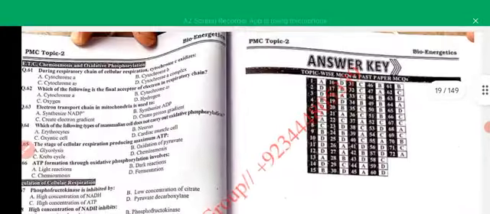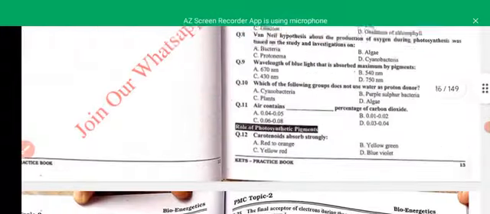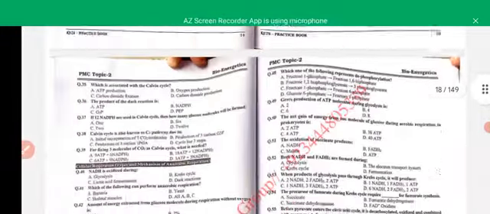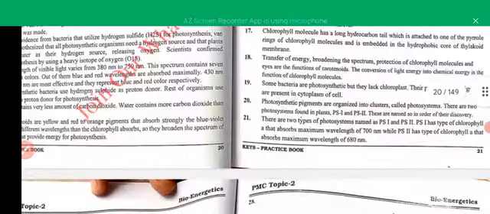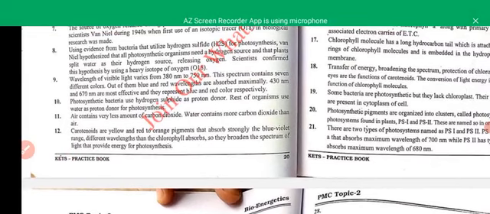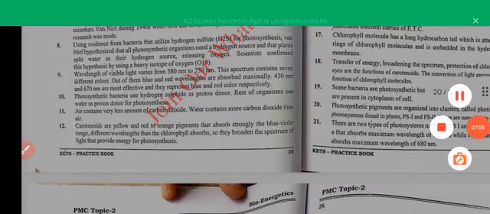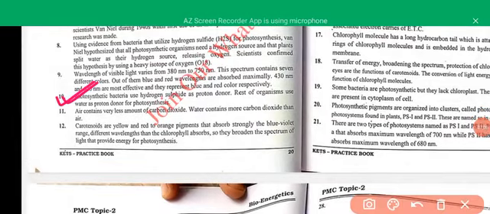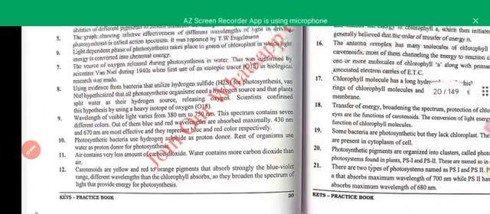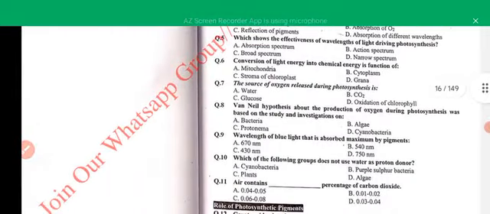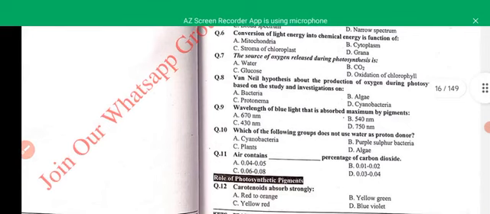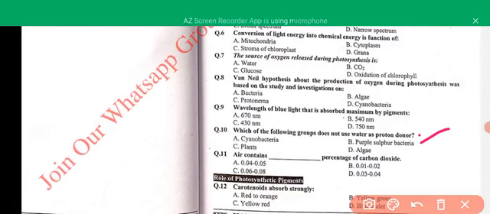Is it algae? No, they use water. Photosynthetic bacteria use hydrogen sulfide as the proton donor, not water. So we have to take the bacteria, not algae. The correct option is purple sulfur bacteria, meaning B, not C. Here is the correct option.